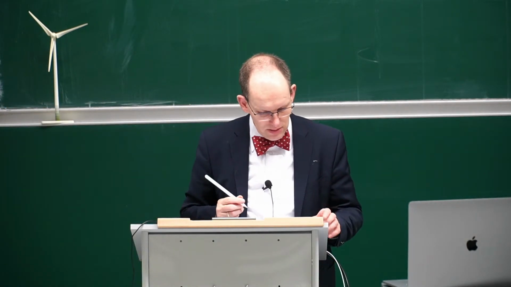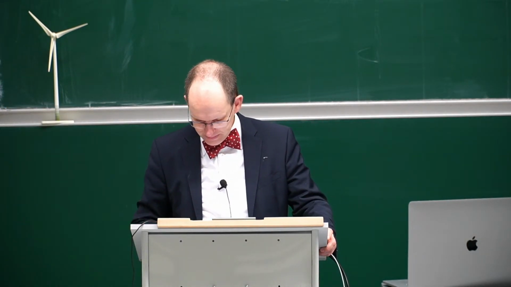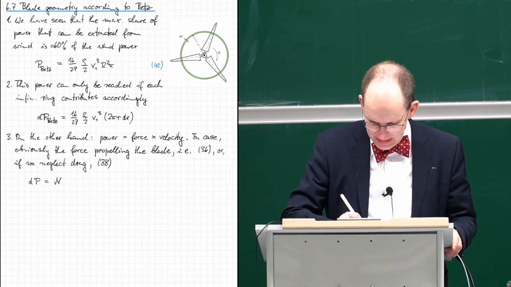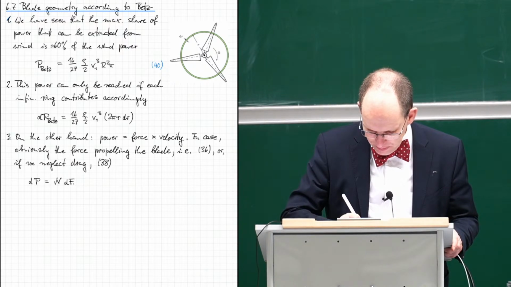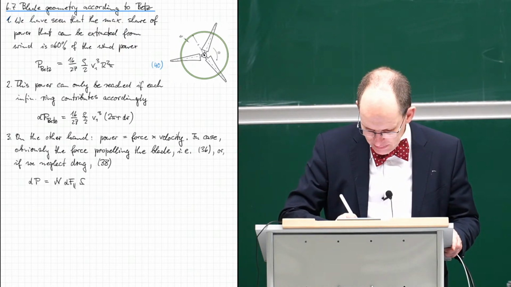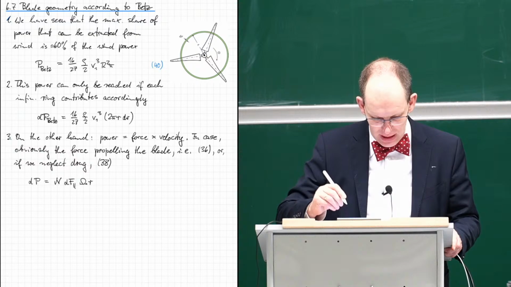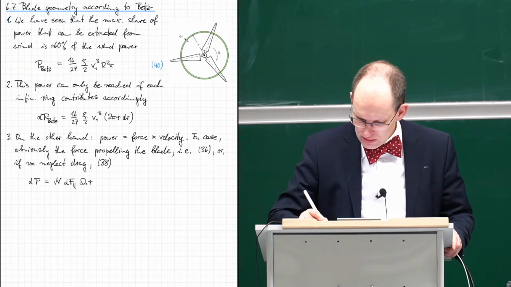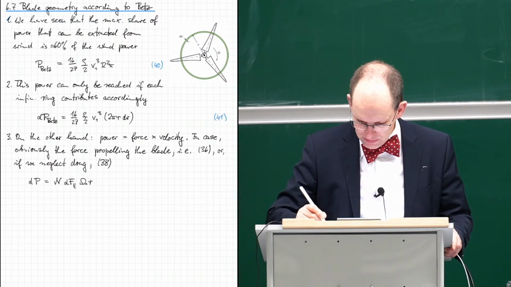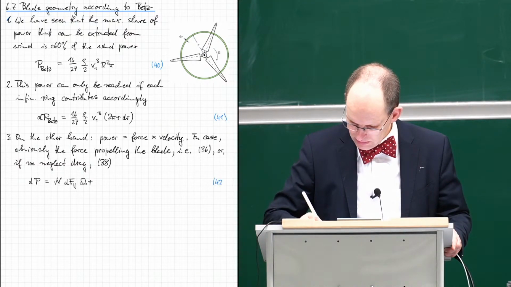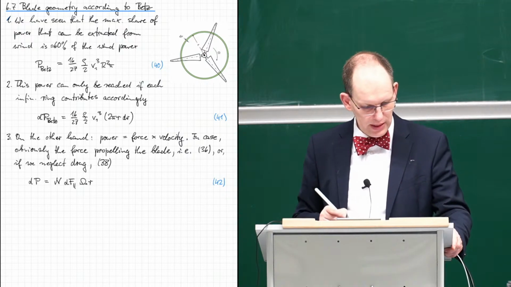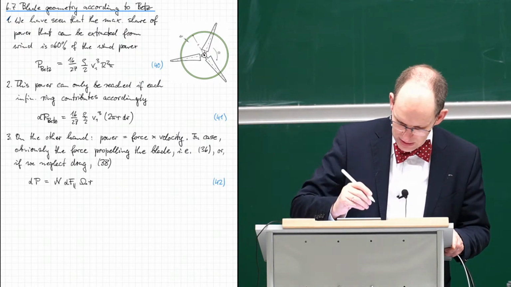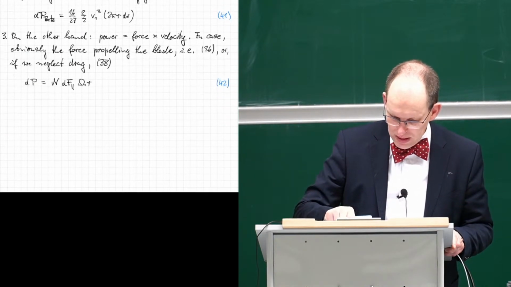So I now introduce the number of blades, N times dF parallel, and then the velocity omega times r. That's equation 32. The above one is 42, I wanted to say. So, and now we use equation 38 for dF parallel.